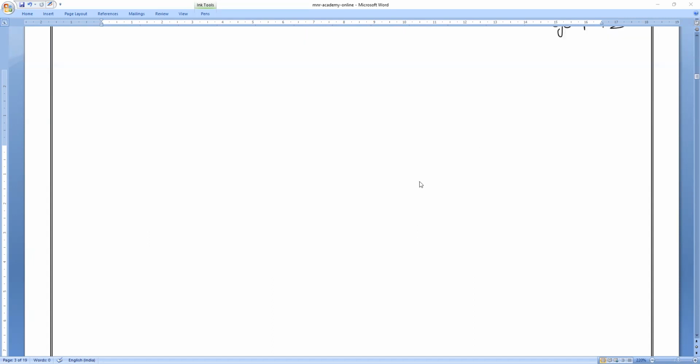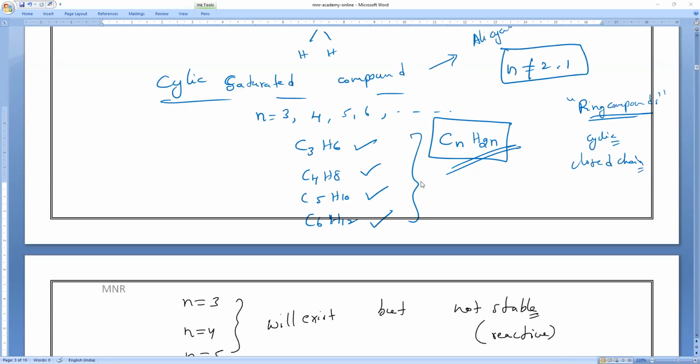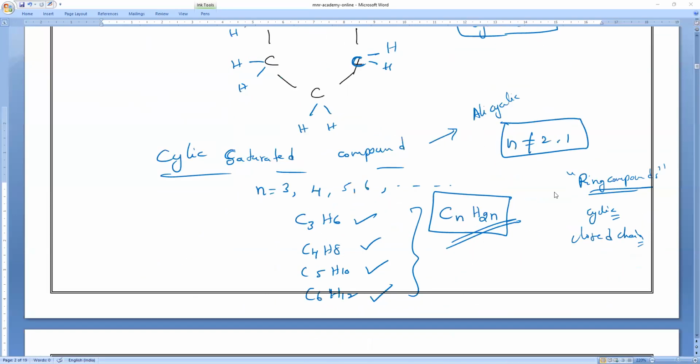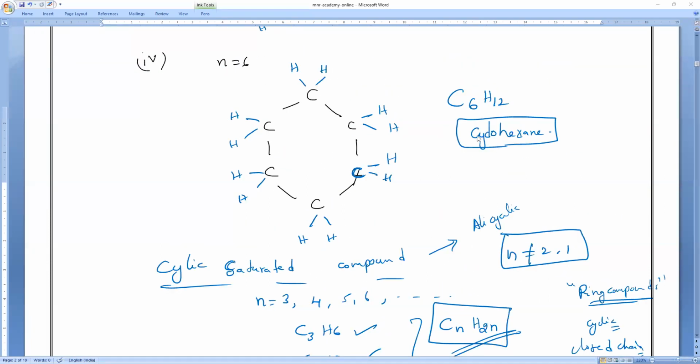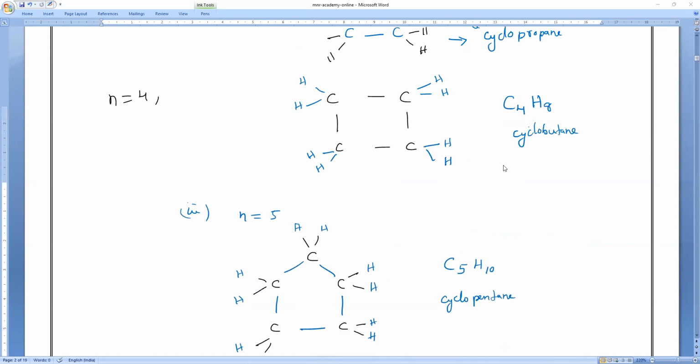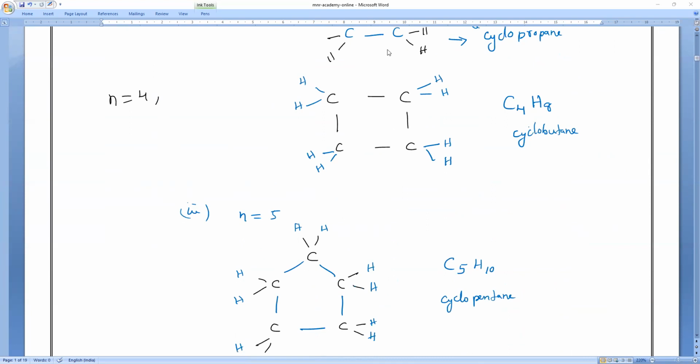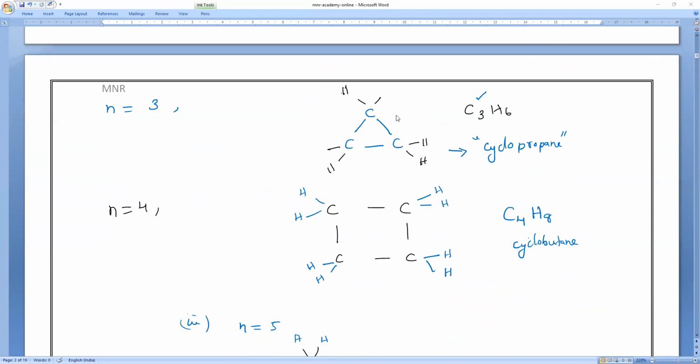Now, let me draw the electron dot structure. Sorry, not benzene. Sorry, n equals 6. What is the name of this one? Cyclohexane. Cyclopentane, cyclobutane, cyclopropane. Suppose they ask you for the electron dot structure for cyclopropane: CCC. Now hydrogens, two hydrogens on each carbon.